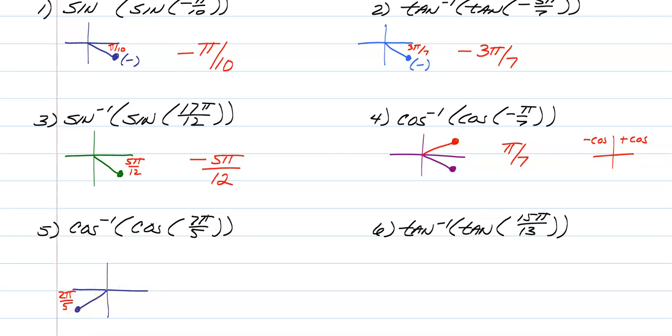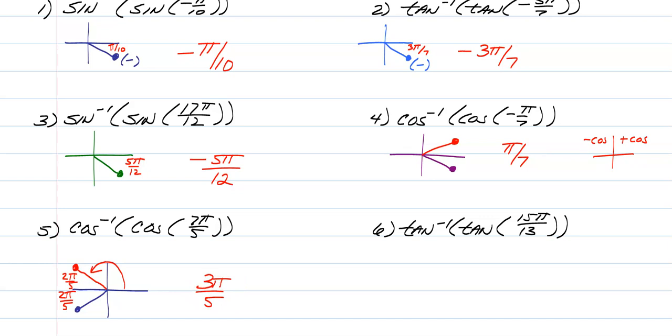Now, cosine is negative, inverse trig, over here in quadrant 2. But remember, when we're doing inverse cosine, it is 180, or in this case, pi, minus your reference angle. So your reference angle is 2 pi over 5, but this angle to get there is 3 pi over 5.